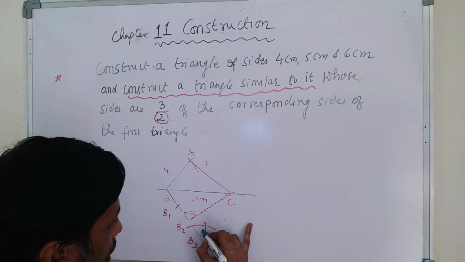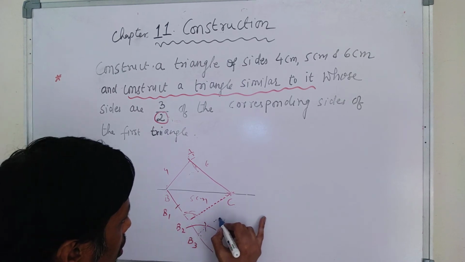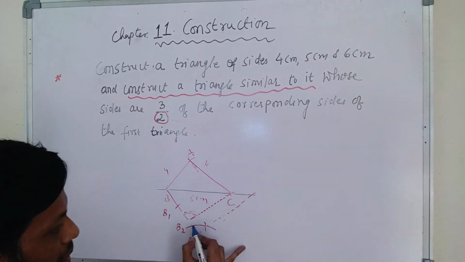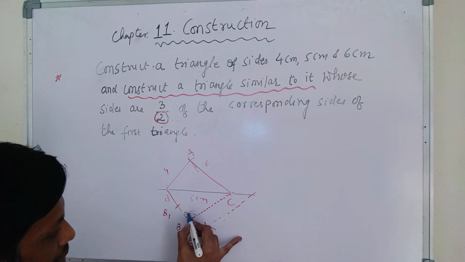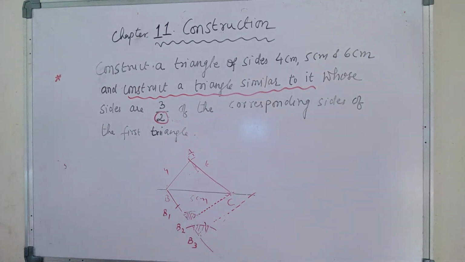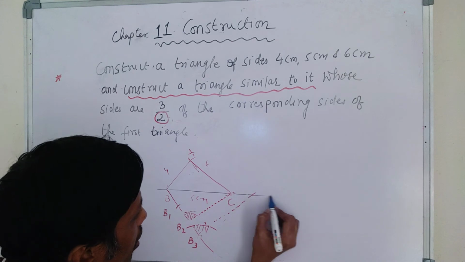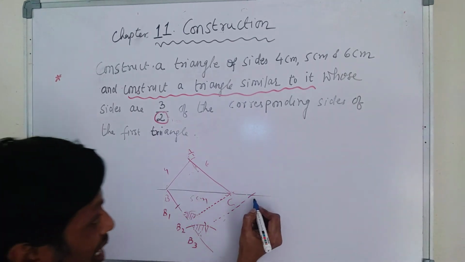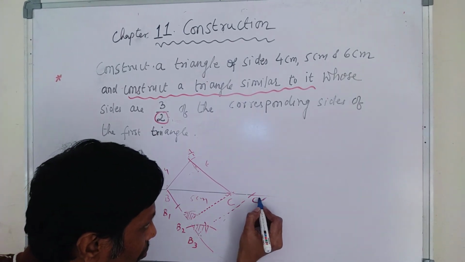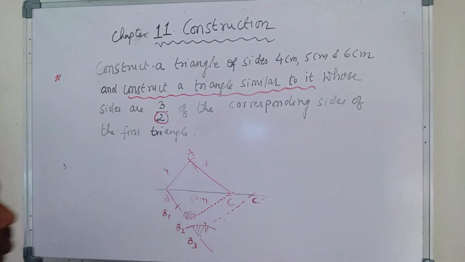And you join it so that this angle and this angle are equal. Wherever it cuts, you can stretch that. That is your C dash.